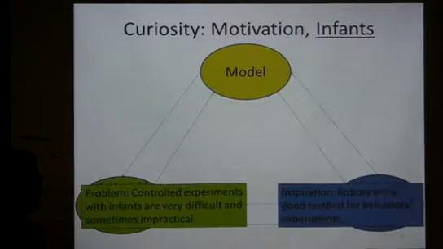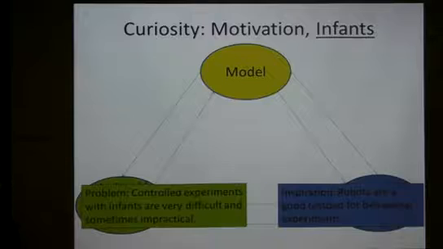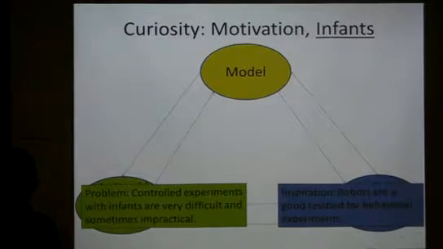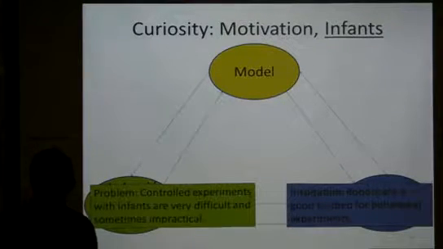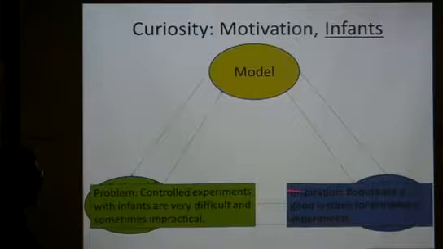So you can use robots as a test bed for experimenting with infants: changing the environment, changing some parameters in the brain, and trying to understand and project from what you learn about the robots' behavior, after you implement the model that you know a little bit about from infants, and see how changes in the model or changes in the environment project back to the infant.